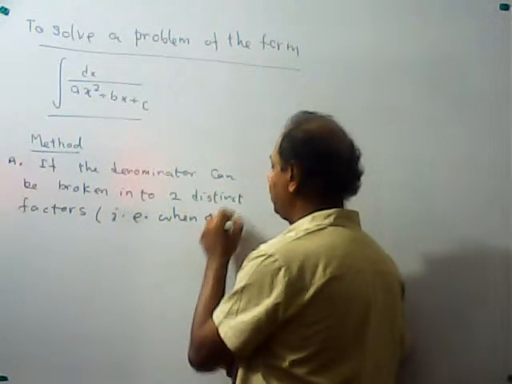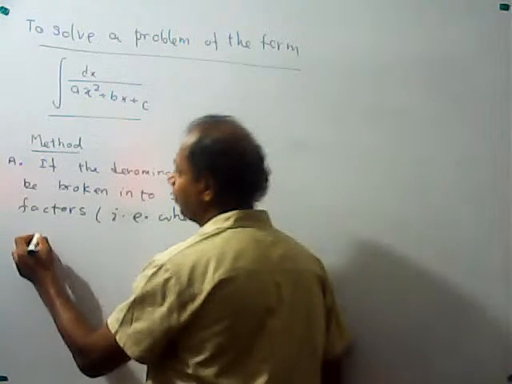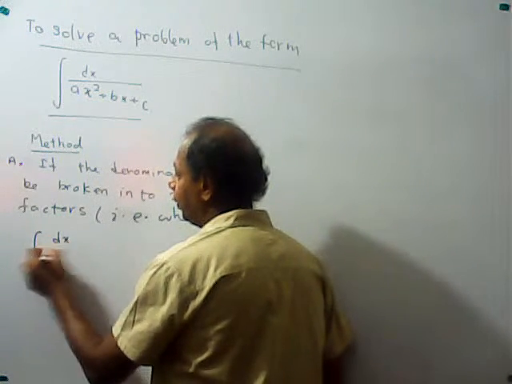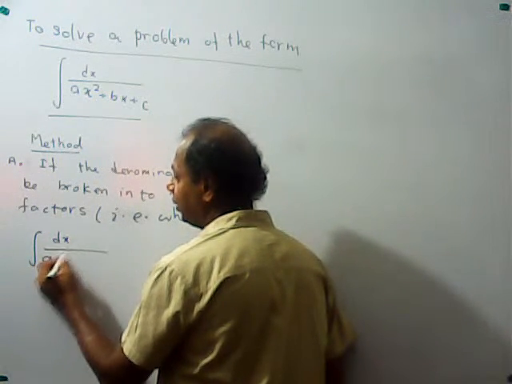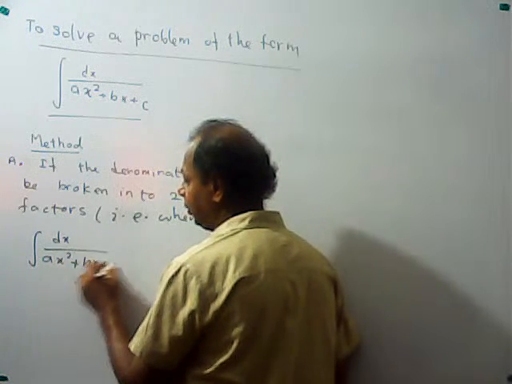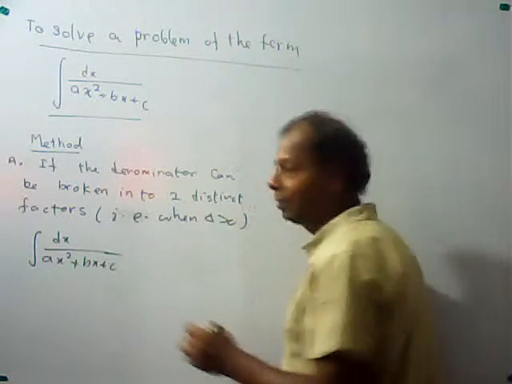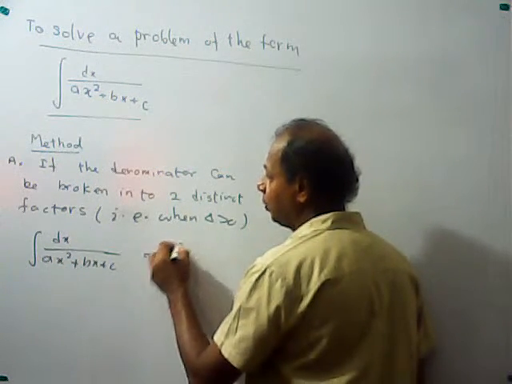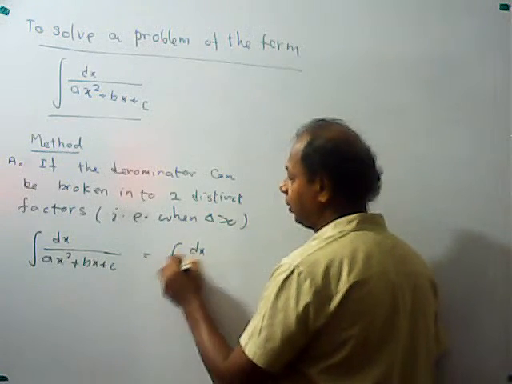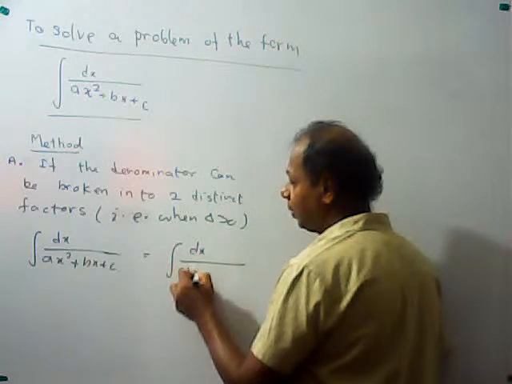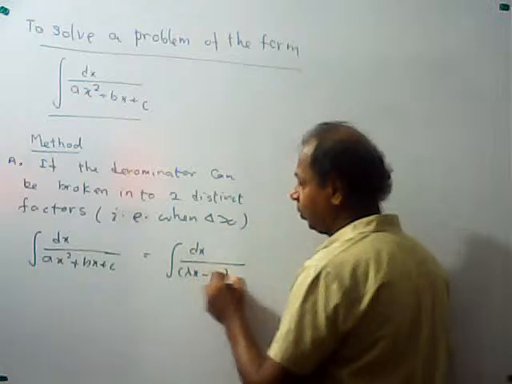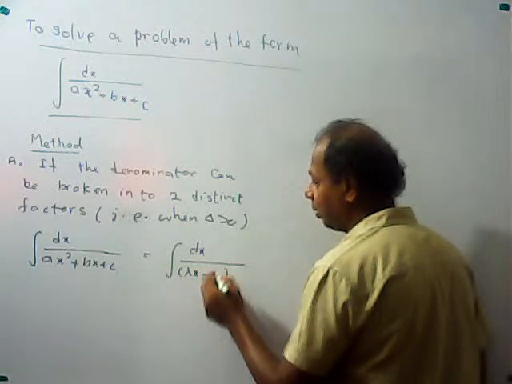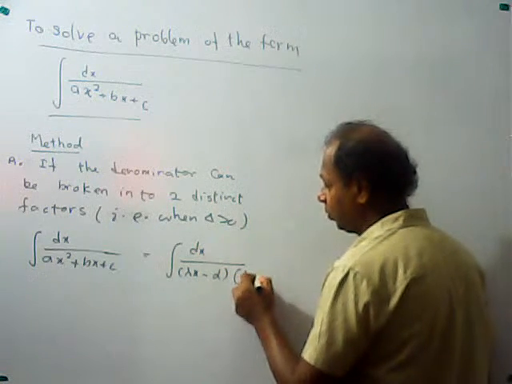If you see factors easily, you will factorize it. So it will be broken into something like dx over lambda x minus alpha, mu x minus beta.